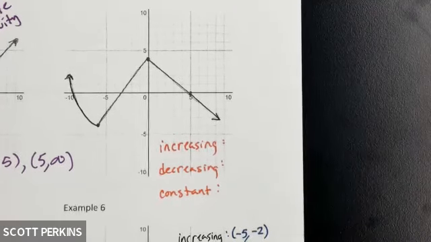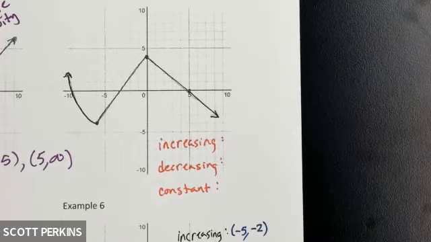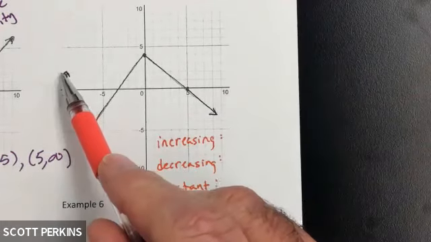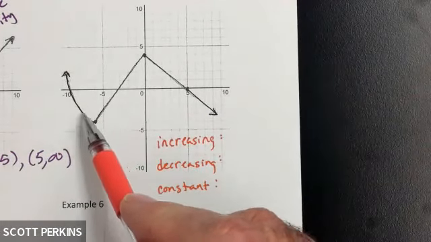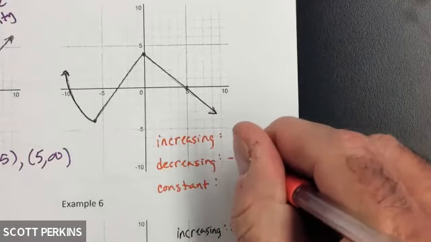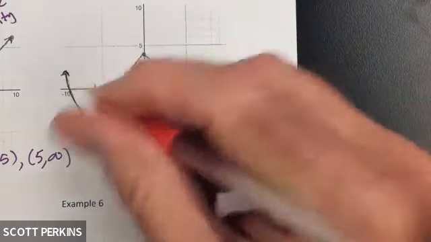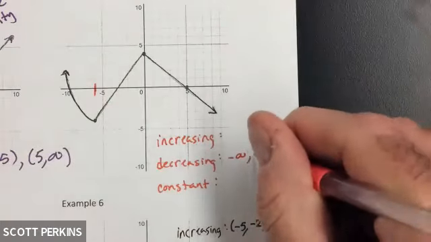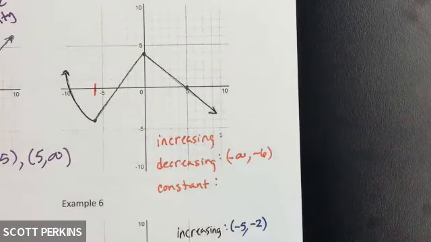All right, again, I'm going to just start tracing from the left part of the graph and go to the right. So when I start over here on the left, what's the graph doing to begin with? Decreasing. So it's decreasing from negative infinity, and then it stops decreasing down here at this cusp at -6.